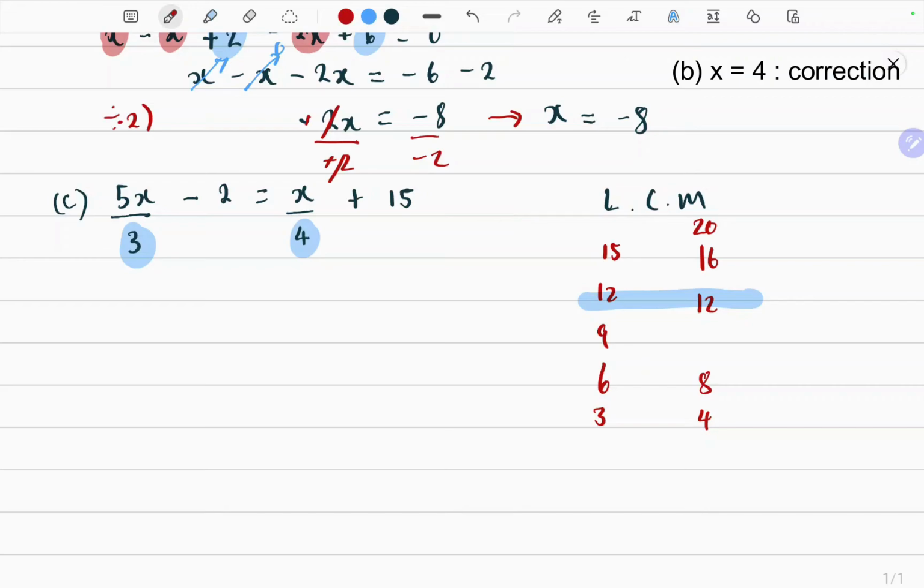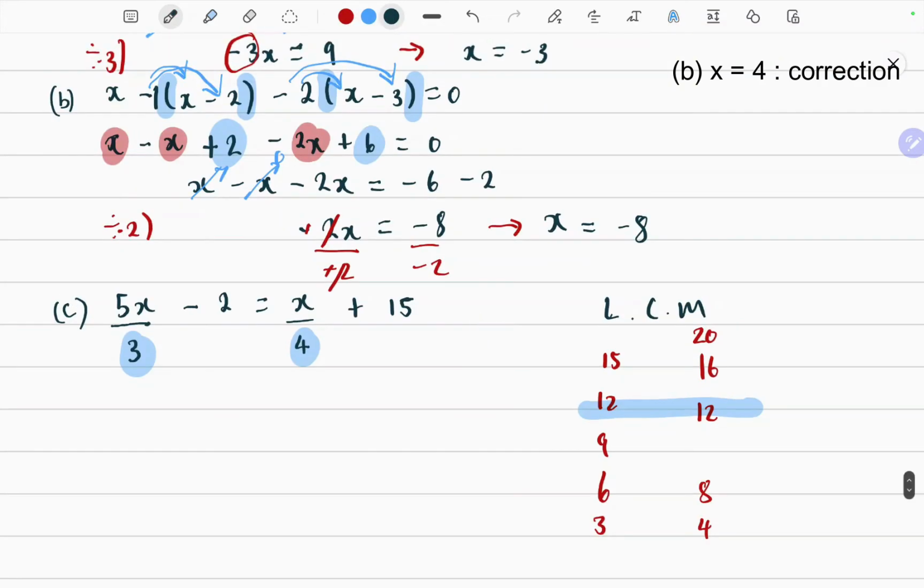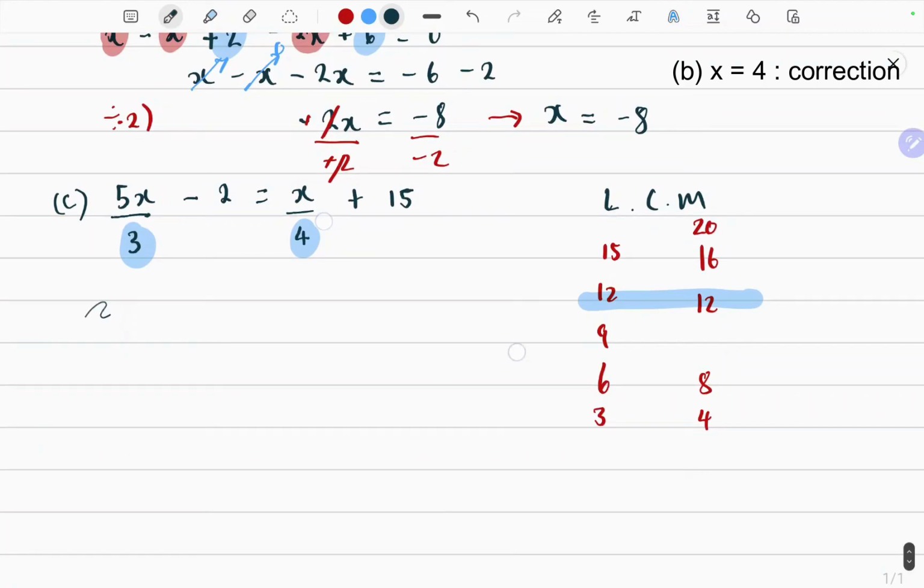So what you do with that is multiply the left-hand side and the right-hand side by the LCM, which is 12. So it would be 12 times 3 times 1 over 3 leaves you 4. Or let me rather just write it for you.